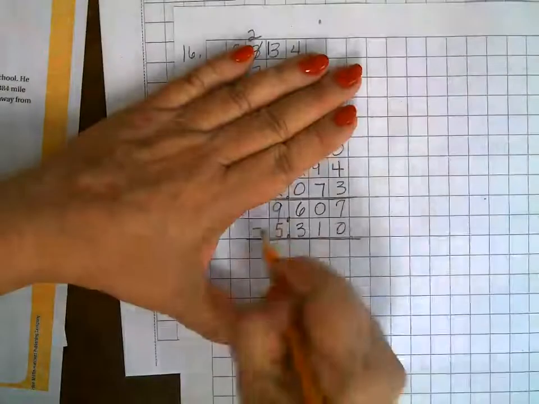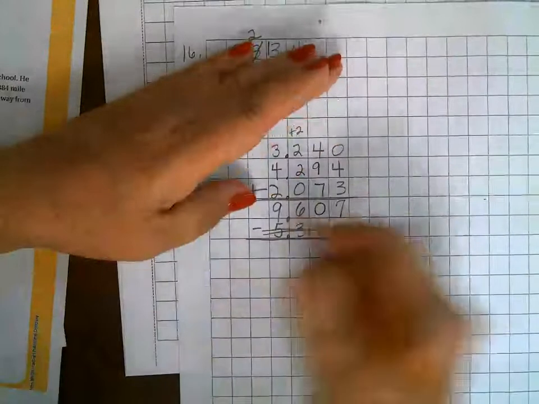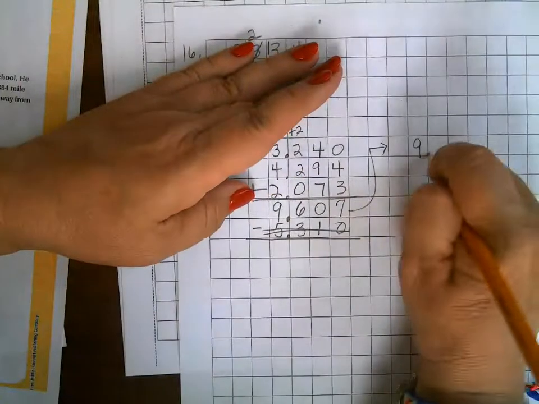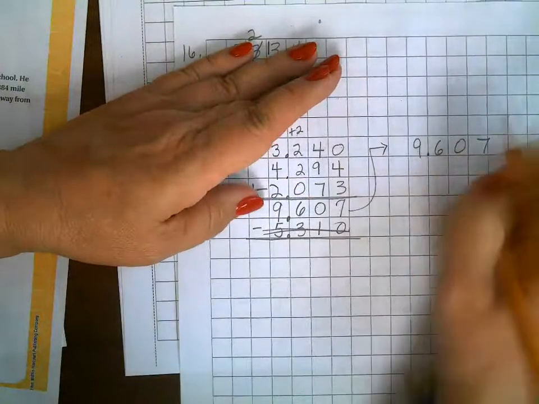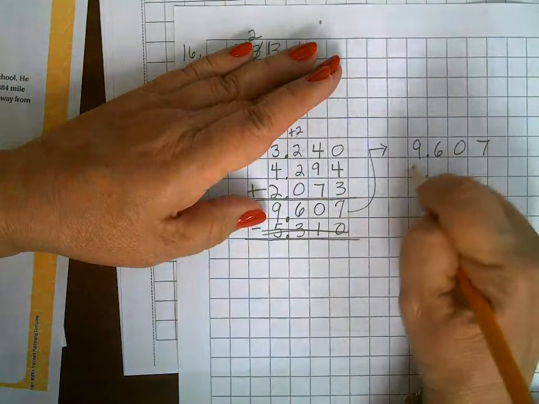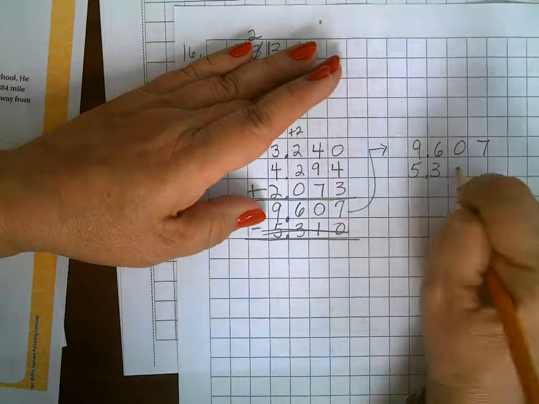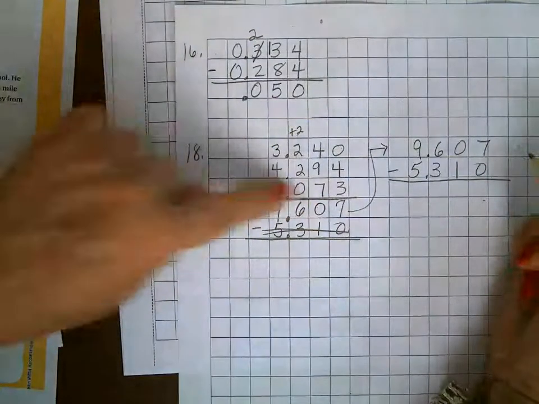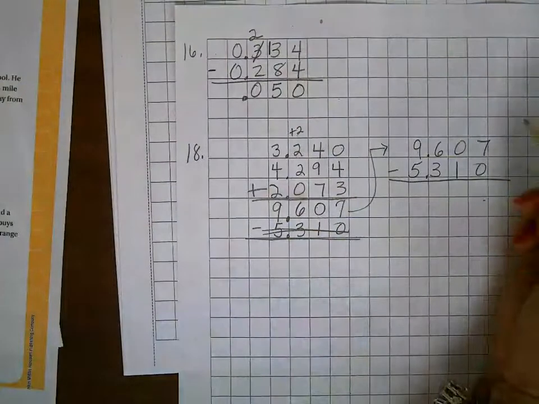Actually, I'm not going to do it that way. I'm going to take this answer out. I'm going to put it over here. That way, if I have to regroup, or if I got to do anything, I at least can do it without having to get into this part right here. It keeps it cleaner and neater.